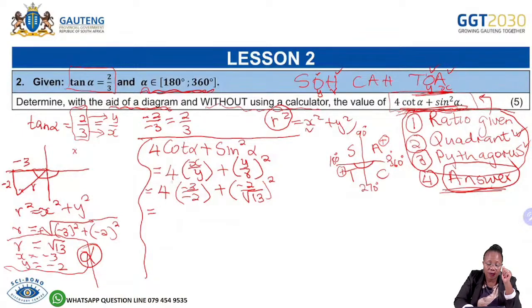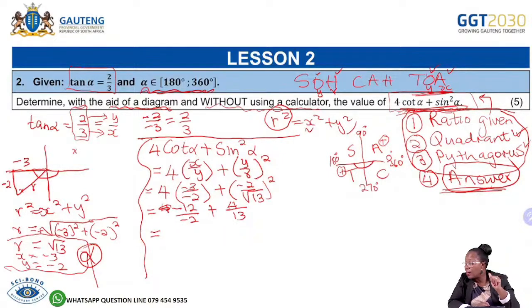And then now grade 12, so we are having 4 times minus 3, that is 4, 8, 12 over minus 2, plus the negative 2 squared is positive 4. The square root of 13 squared, that is 13. And then you apply your LCM method to your answer for this one. You will end up with the final answer of 82 over 13 there.